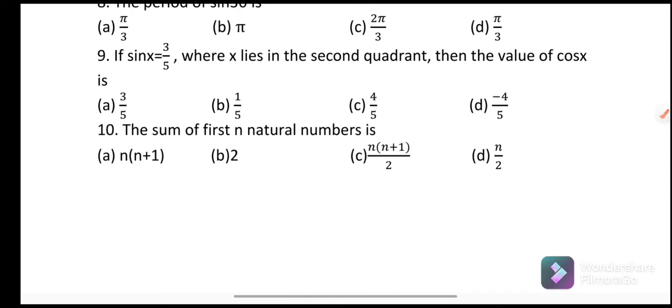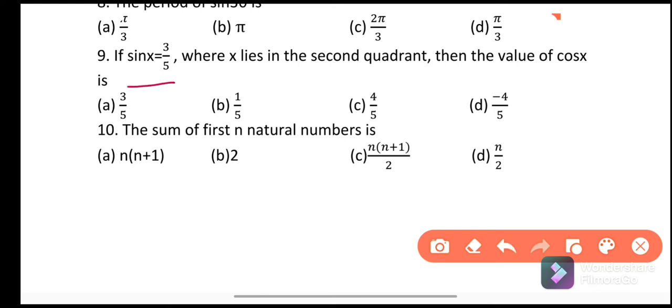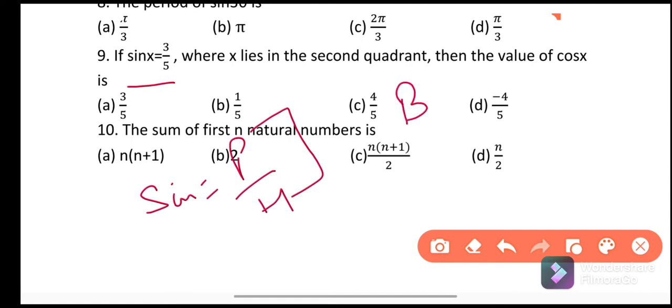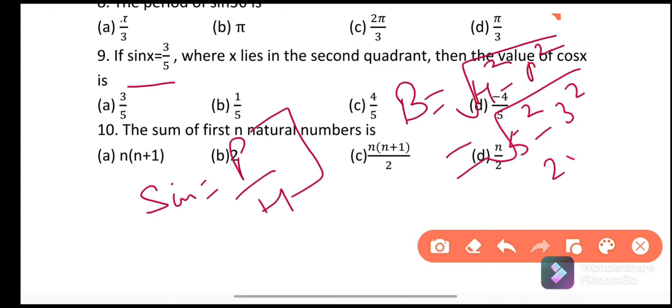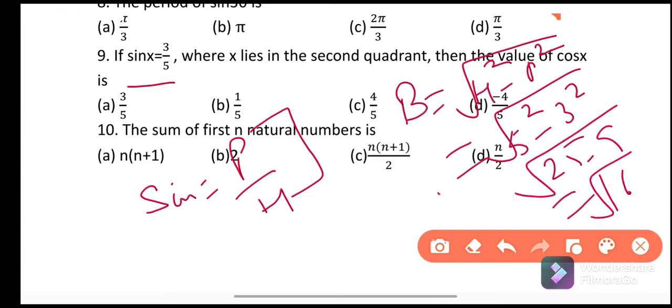Next question, very simple. Sin x is equal to 3 by 5. Now sine is equal to perpendicular over hypotenuse. Now by using the Pythagoras theorem, base is equal to the square root of h square minus p square, that is the square root of 5 square minus 3 square, that is the square root of 25 minus 9, the square root of 16, which is equal to 4.